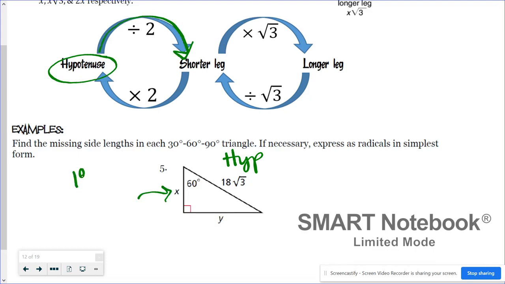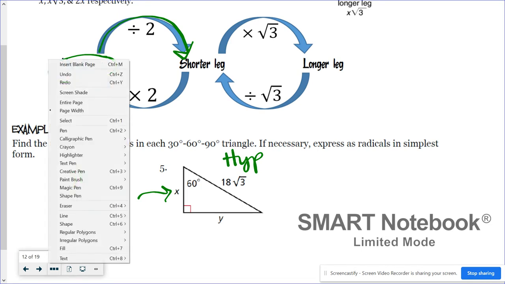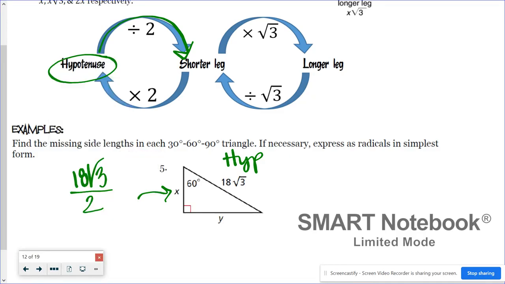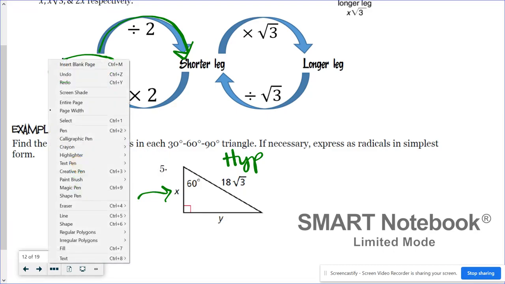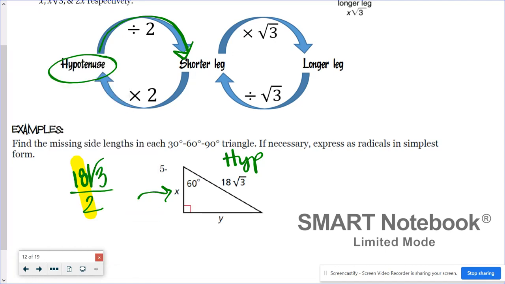If I take 18 root 3 and divide it by 2, this one is not that hard, because when I'm dividing with radicals, I can divide insides with insides and outsides with outsides, and that's all I can do here. 18 divided by 2 is 9. So I'm looking at 9 root 3 for my short leg, which is x.